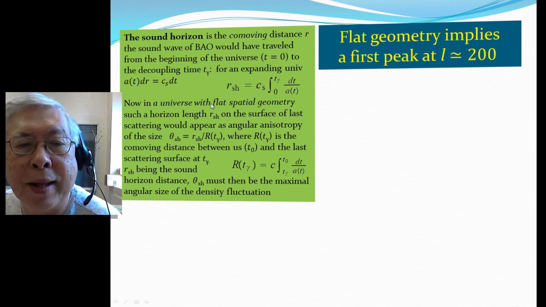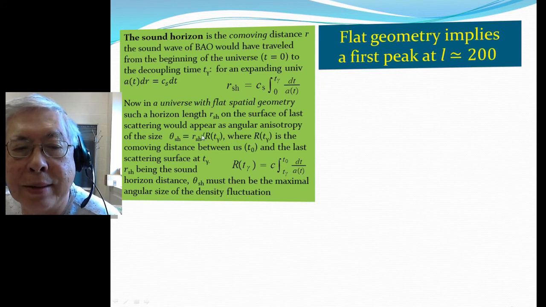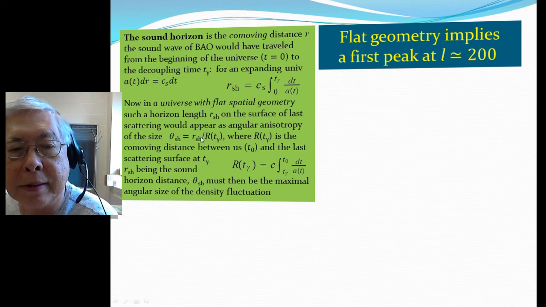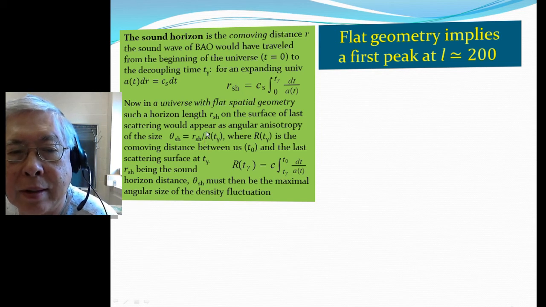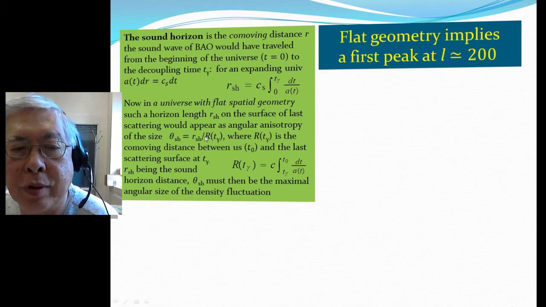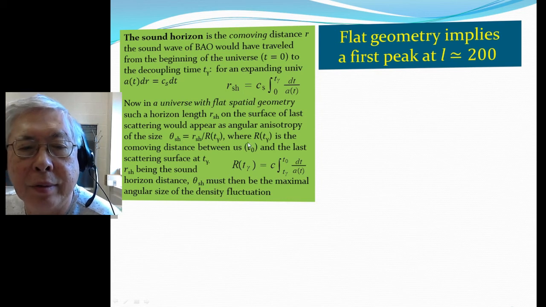Now for a universe with flat spatial geometry, such a horizon length, our sound horizon on the surface of last scattering, will appear as the angular anisotropy of size theta. The arc length divided by the radius is the angle. The radius is that of the last scattering surface, which is a sphere centered on us, with radius big R, and we divide the arc length by it. That gives the angle.